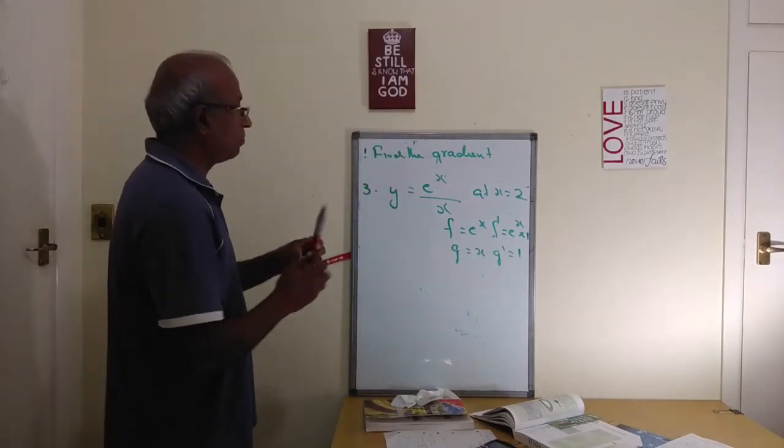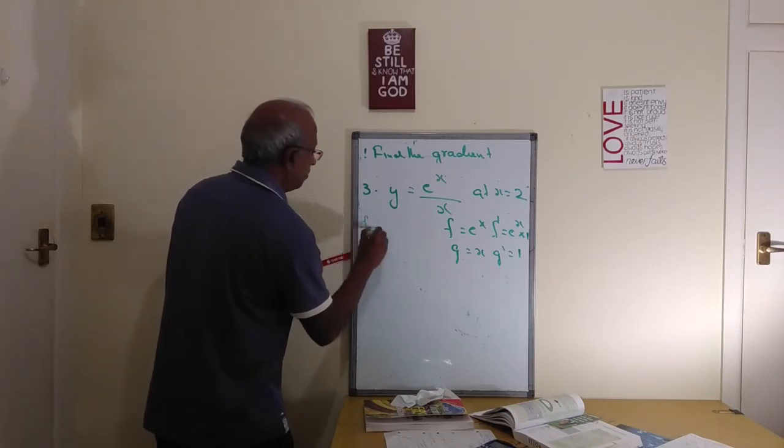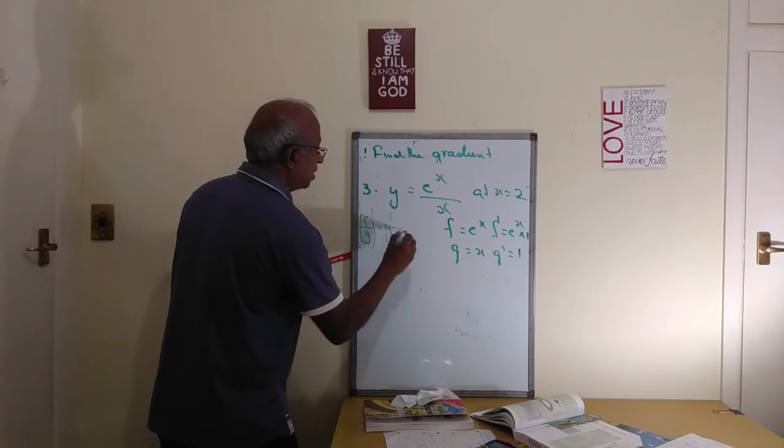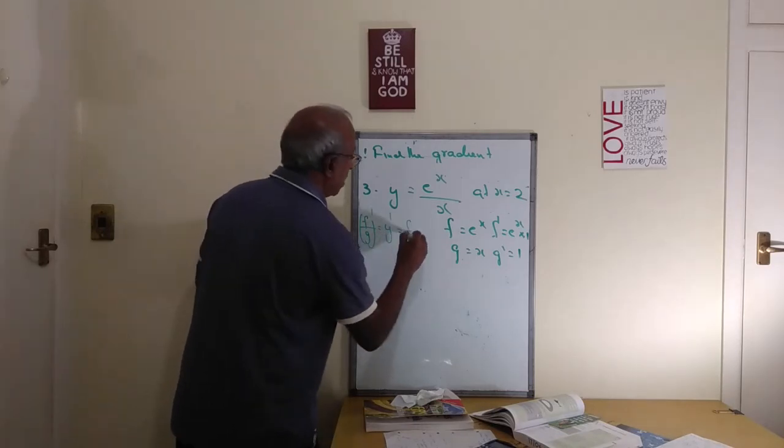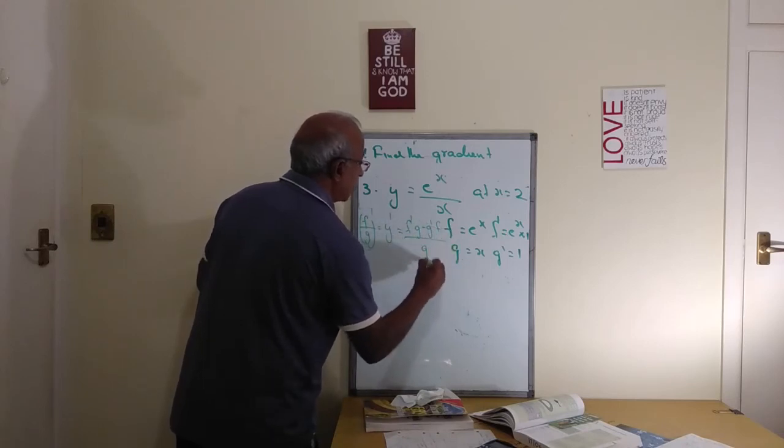Okay, let's check it in the formula. For f over g, the derivative, or we can call it y dash, is equal to f dash g minus g dash f, divided by g squared.